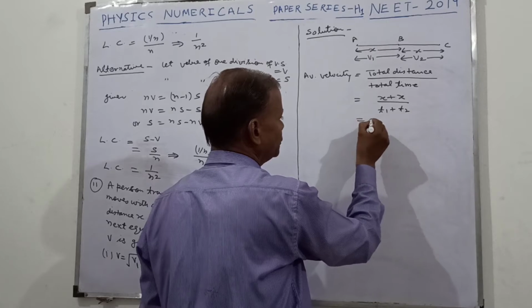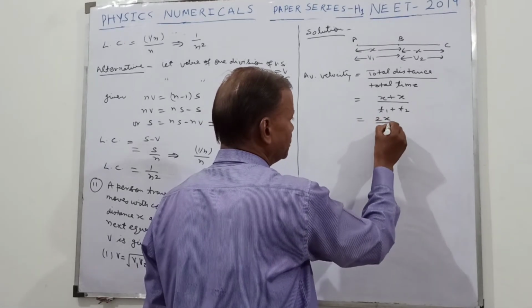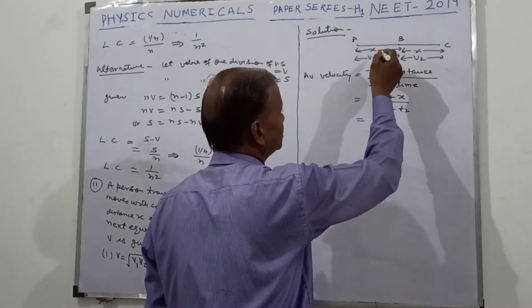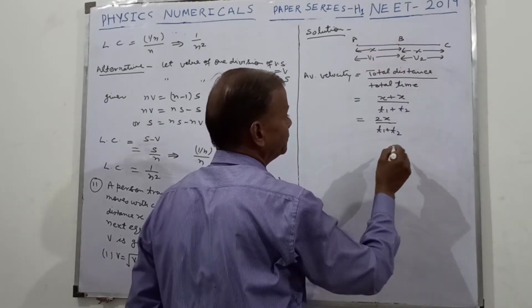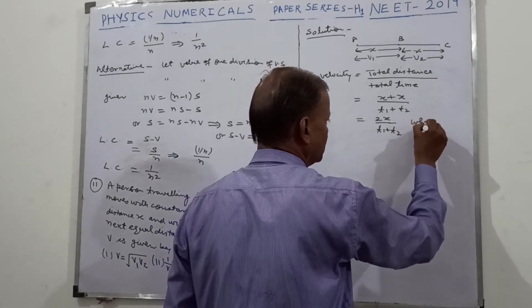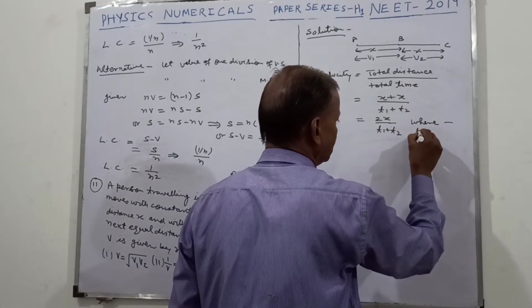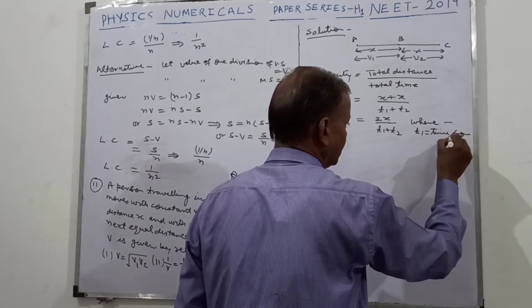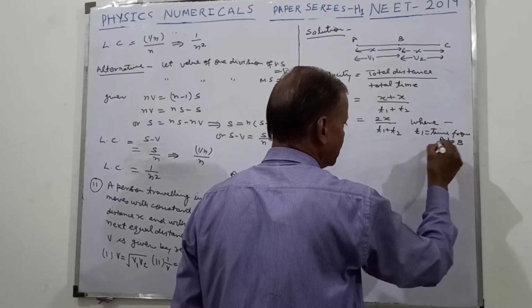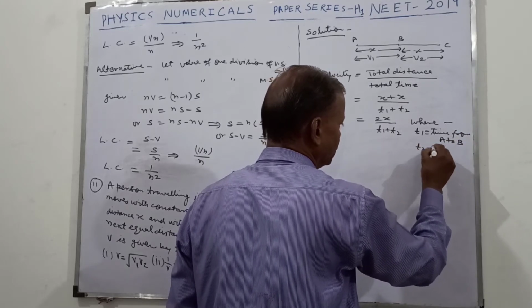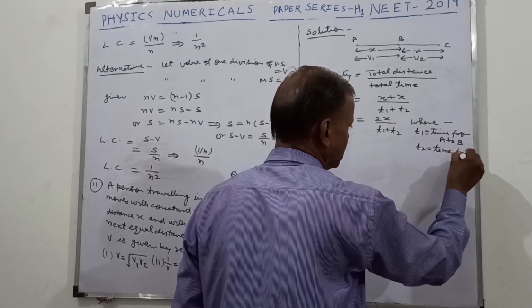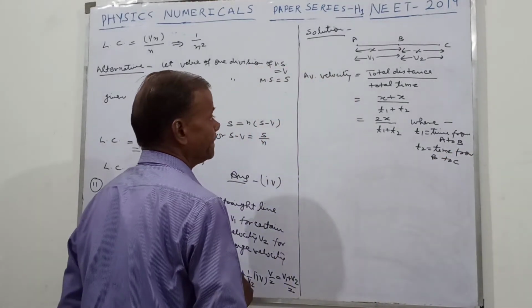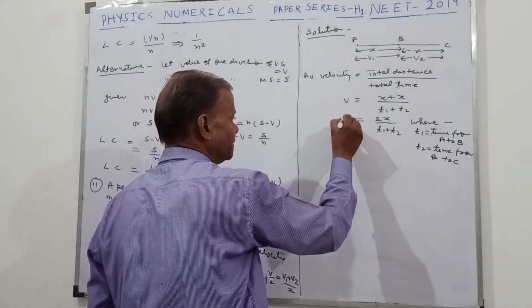So this is 2x upon t1 plus t2, where t1 is the time from A to B and t2 is the time from B to C. Now this is the average velocity v.